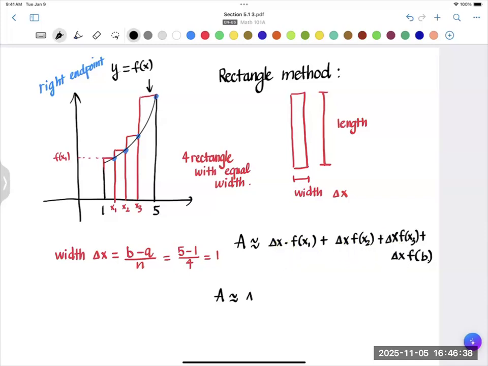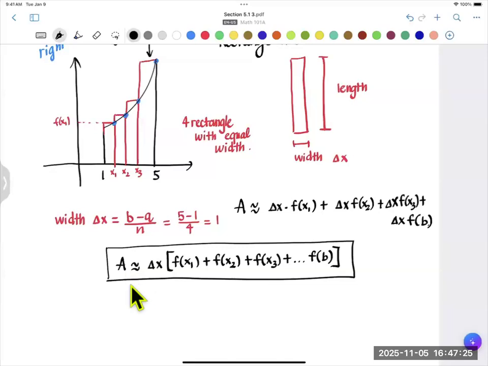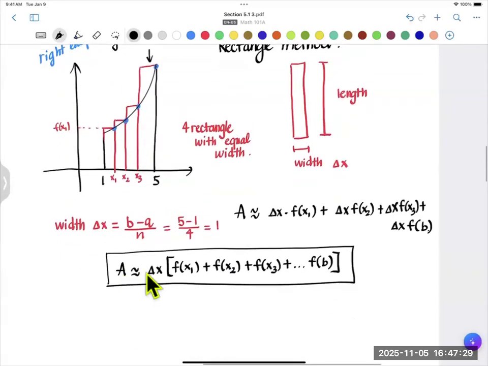So I bring it out to the front, and then we have f of x1 plus f of x2 plus f of x3 and then plus f of b. The reason why I put dot dot dot is because if I'm not dividing into 4 rectangles, then you will have more x. And this will give you the formula where you apply the right endpoint to approximate area.